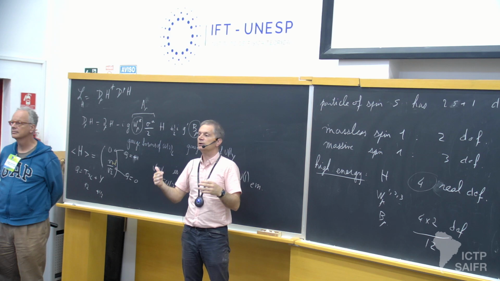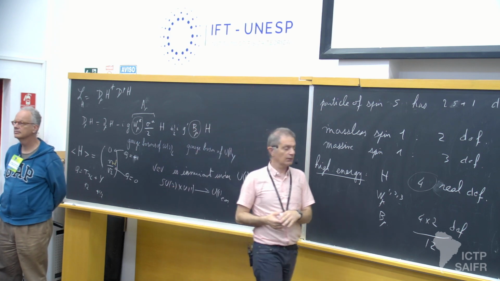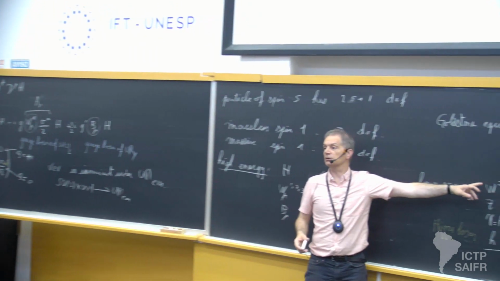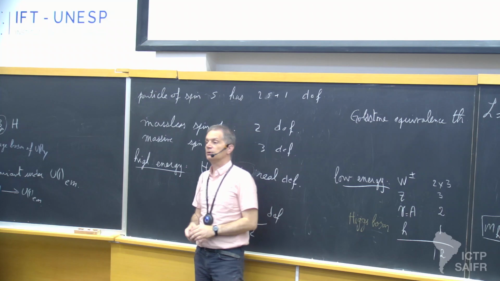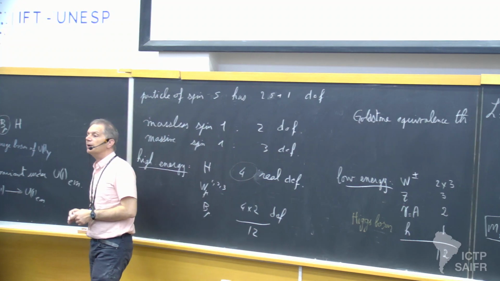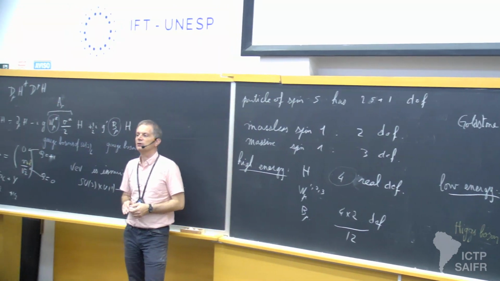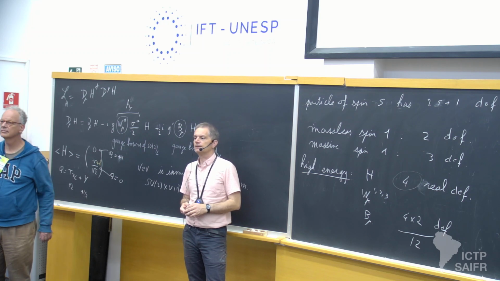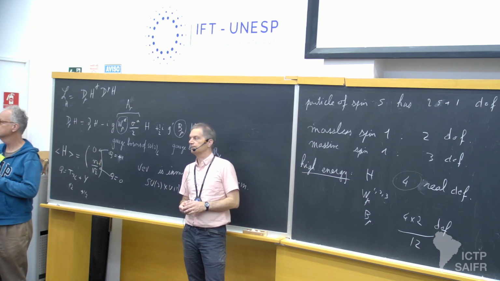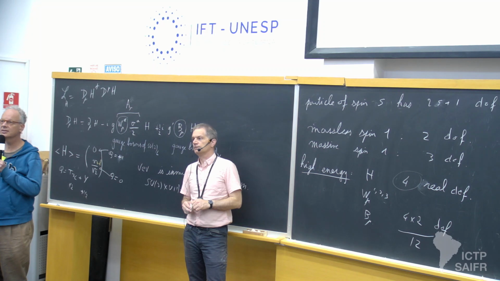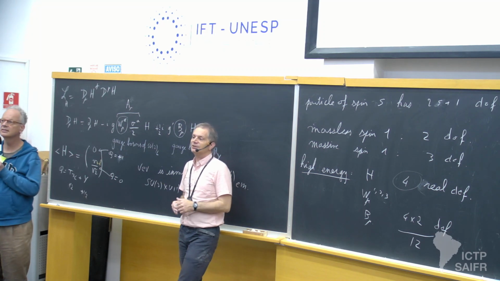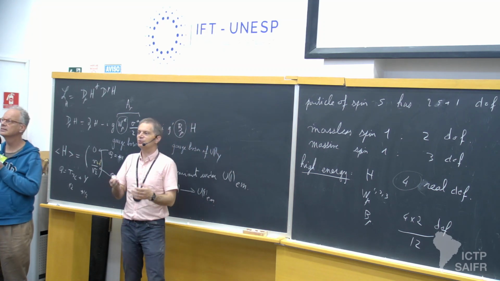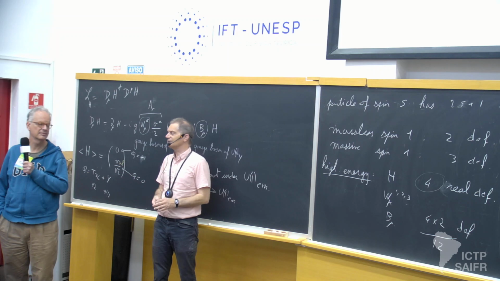The only degrees of freedom that are left are the longitudinal components of the gauge bosons. Yes, this might be confusing, but it's just working in the appropriate gauge. Any further questions for Christophe? That's the subtlety of gauge theories: it depends on the way you are looking at the various objects.